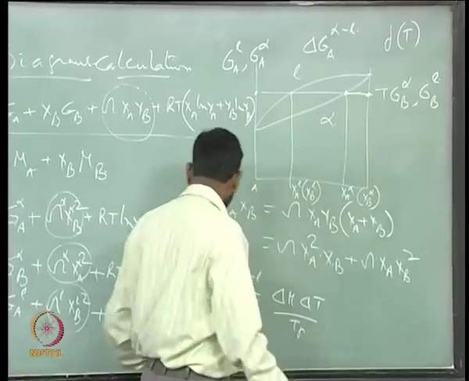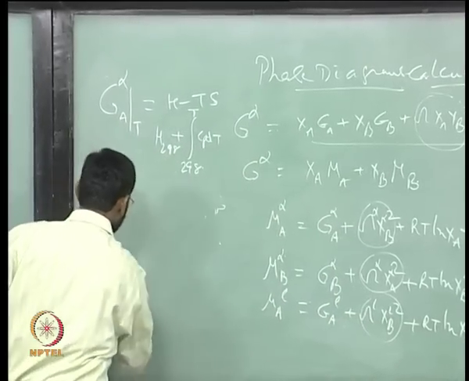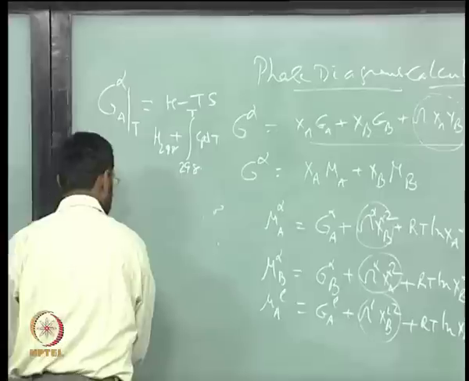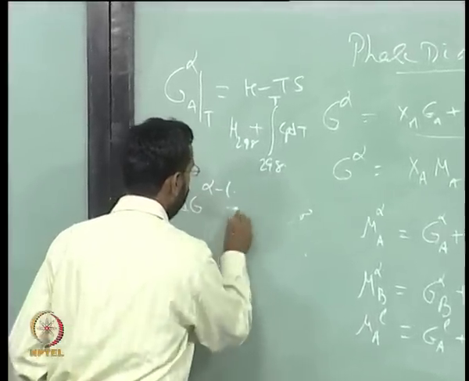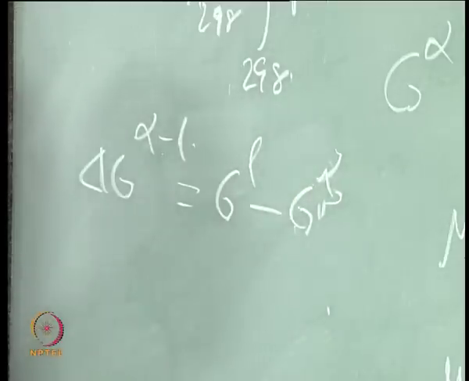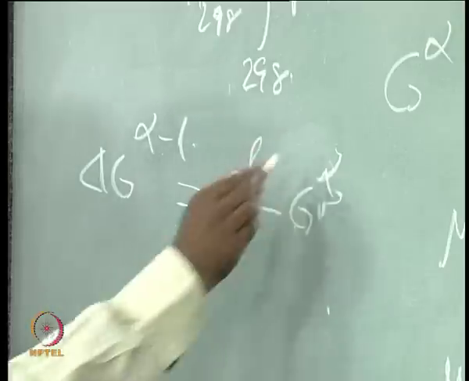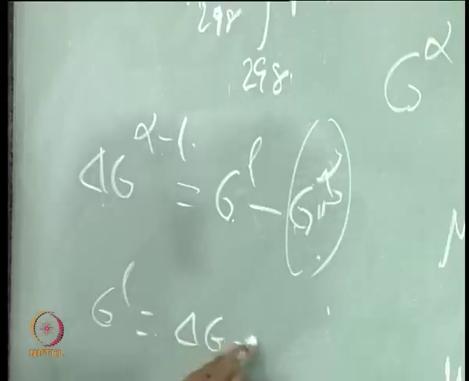So I can always write, for example, delta G of alpha to liquid is G of liquid minus G of alpha. Am I right? So if I know G of alpha, I can find out G of liquid by simply writing that G of liquid is equal to delta G plus G of alpha.